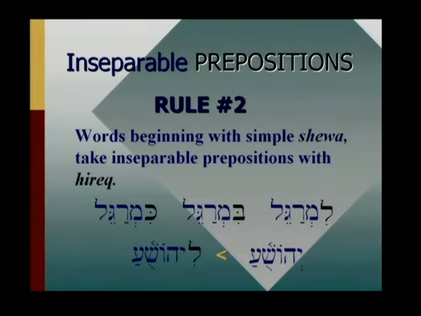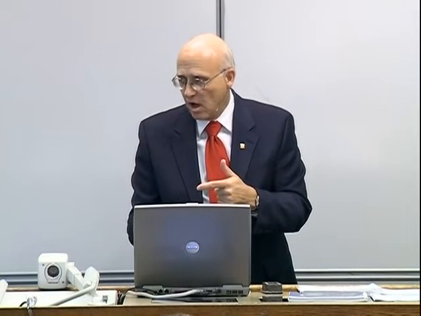Because in this case, the hirik is followed by a yod, and when it's followed by a yod, the yod ceases to be a consonant and becomes part of the hirik vowel. So instead of saying le-Yehoshua, which you can't really do, because that makes the yod and the schwa vocal, which it is in the regular unpointed form without the inseparable preposition.